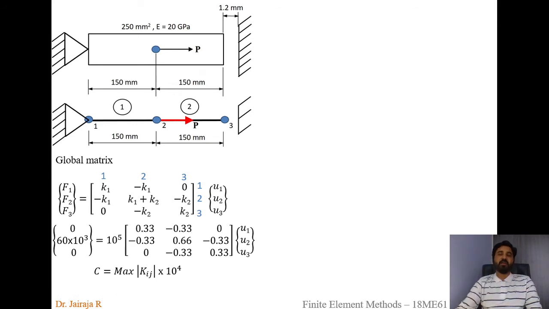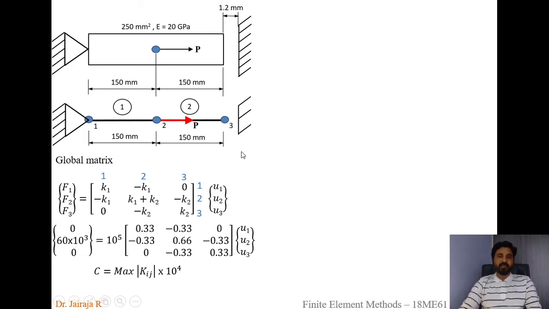Now we need to solve this problem using the penalty approach, as mentioned in the problem. First we need to find the stiffness of the spring. Since node 1 is fully fixed and node 3 is partially fixed, we need to model a spring at node 1 and node 3.